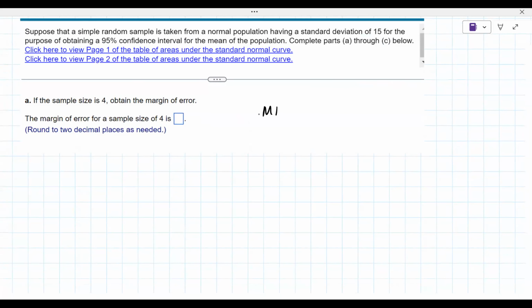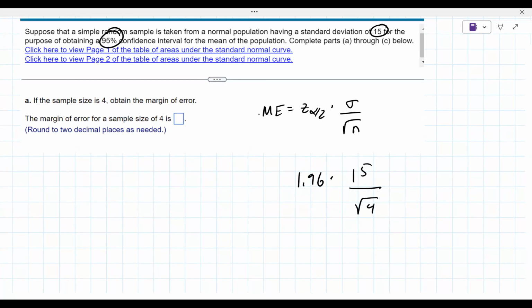The margin of error is the Z alpha divided by 2 times the sigma divided by the square root of n. For a 95%, your Z alpha is 1.96. Your standard deviation is 15, and your n is 4. So you want to calculate this for us, please.